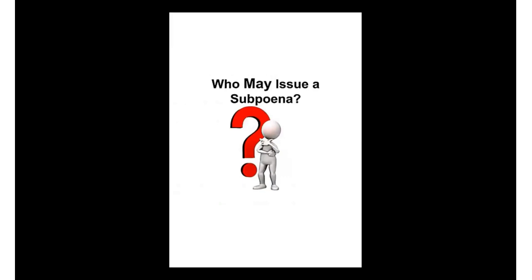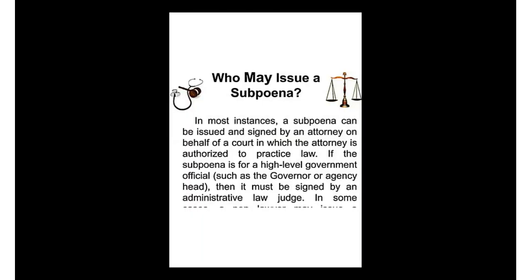So who may issue a subpoena? In most incidences, a subpoena can be issued by a signed attorney on behalf of the court, in which the court is authorized to practice the law. If the subpoena is from a higher level government officer or a governing agency, it must be signed by the administrative law judge.